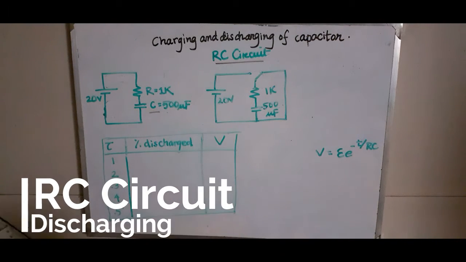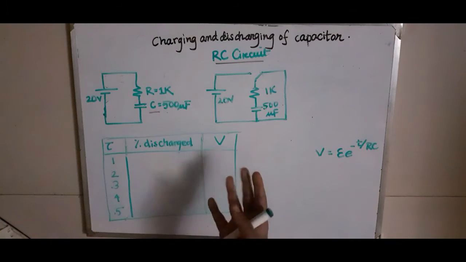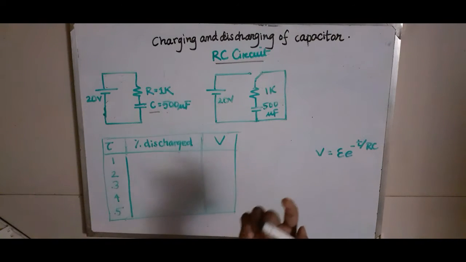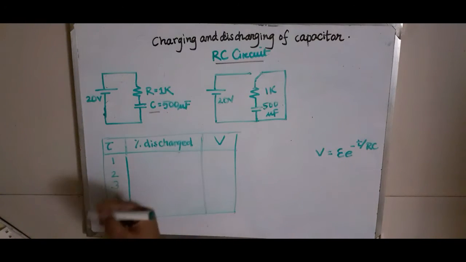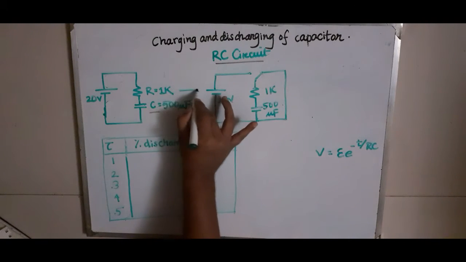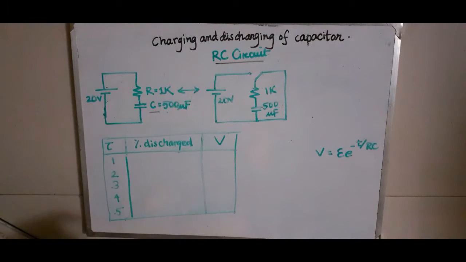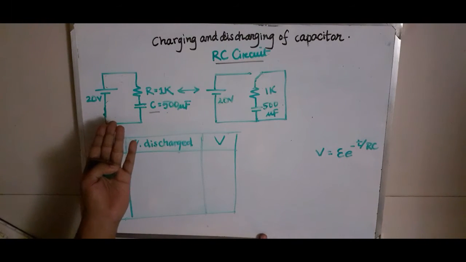This circuit. So what happens if we just tweak this one? Let's say till now we had this circuit.